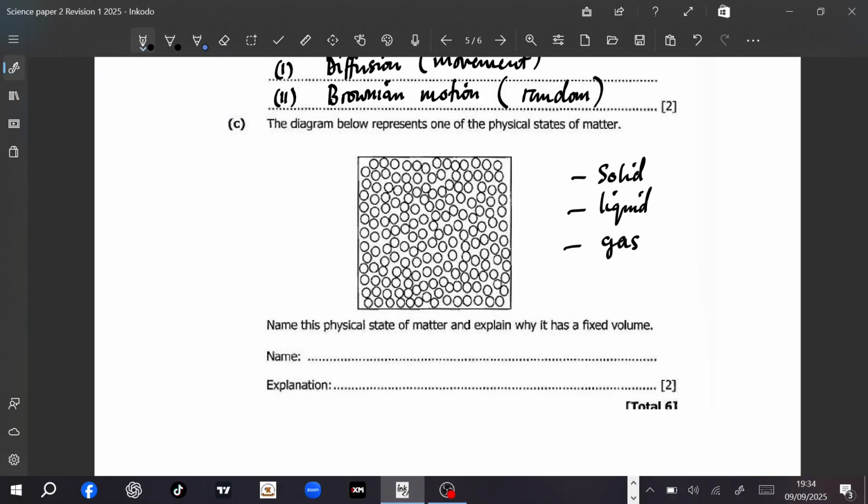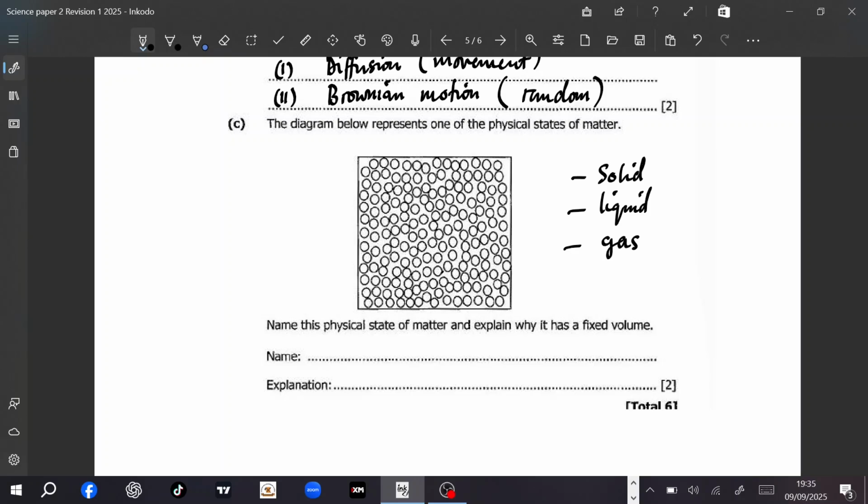So it represents one of these three. Now they are saying, name this physical state of matter and explain why it has a fixed volume. First of all, let's look at how particles are packed.